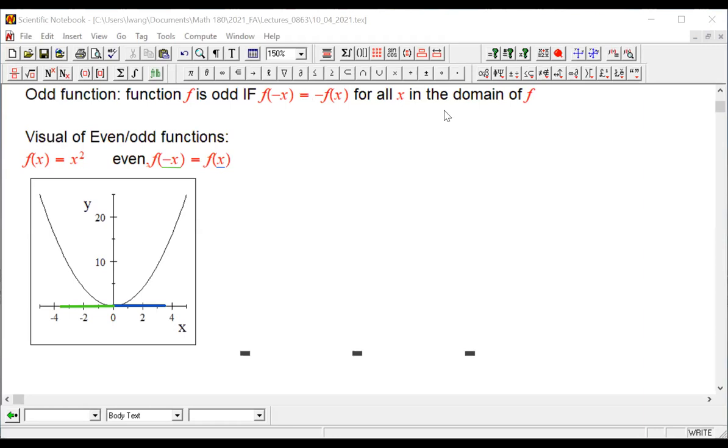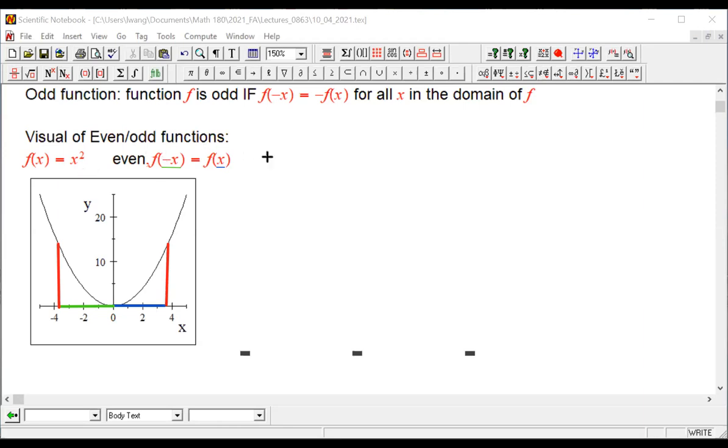And what happened to their outputs? The outputs are the same. That's what it means. An even function basically tells us whenever the inputs are opposites, meaning one is -1, the other will be +1, and one is 5, the other will be -5, their respective outputs are always the same.